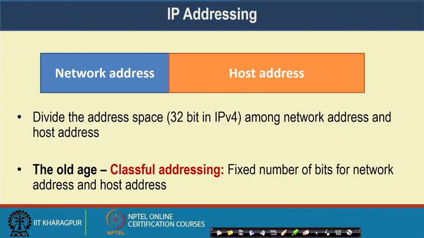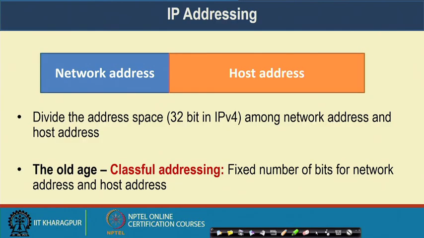The whole idea is to break the entire address space into two groups. One group is for the network address part and the second group is for the host address part. In IPv4 we use 32 bits for identifying the address of a host. This 32 bit address is divided into the network address part and the host address part.